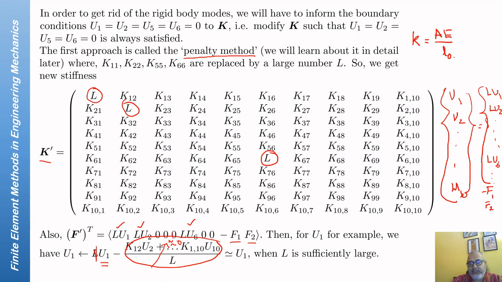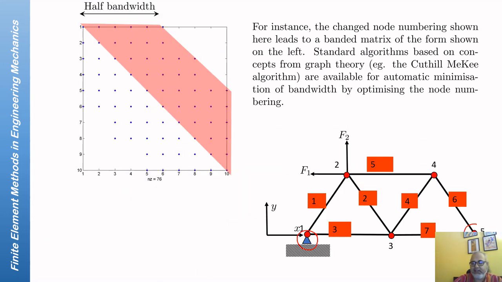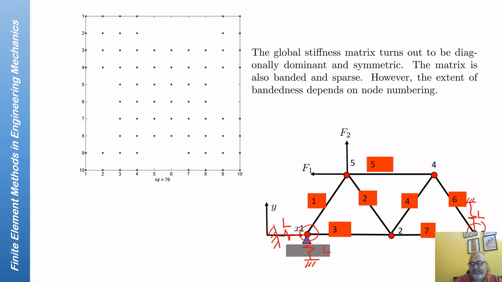So if L is too large or too small, we have problems. We have to hit upon the correct size of L, and that often is a problem. So this is not a very preferred method, though physically this actually means adding these stiffnesses along the degrees of freedom that are fixed.